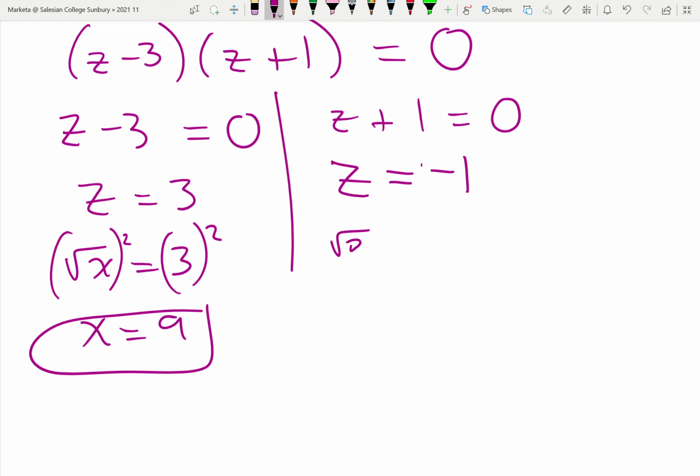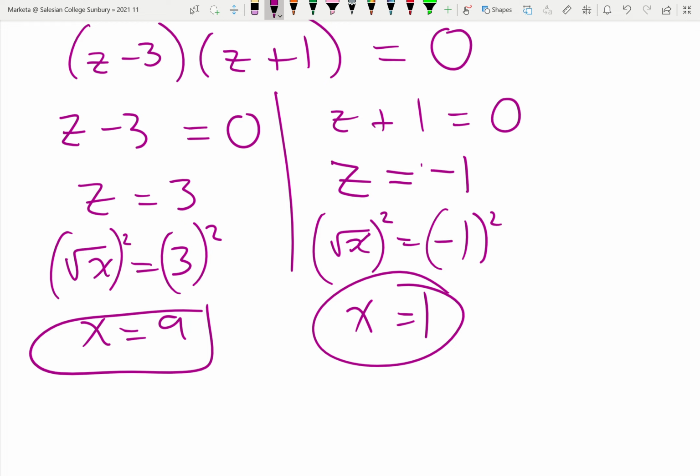And root x equals negative 1, square both sides, x equals 1. So you might think you've finished now, and often that will be the end of it, but you do have to check because you may not be. So I'm highlighting both of these, but one of them may not work.